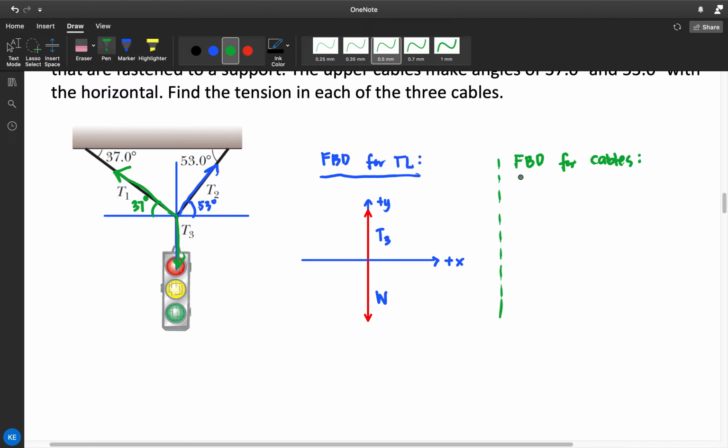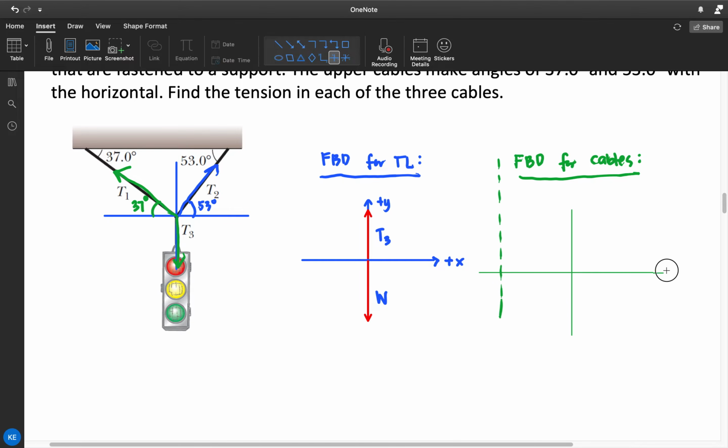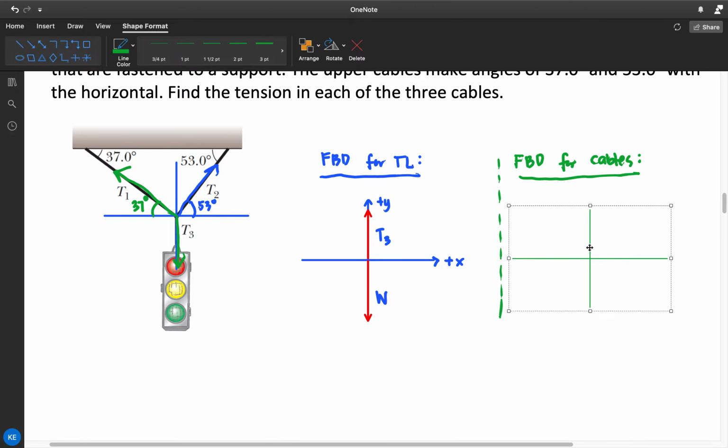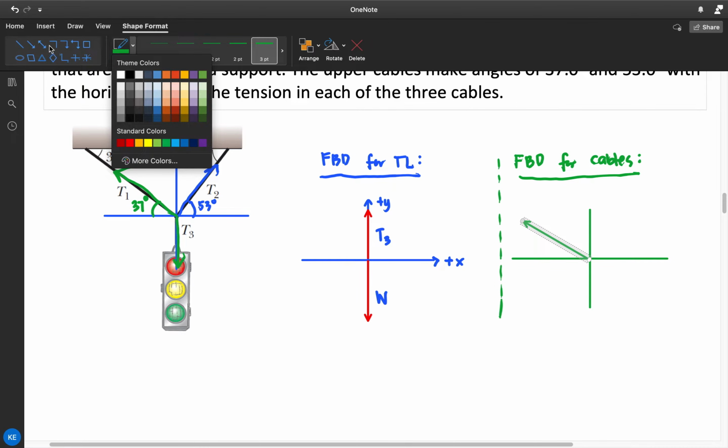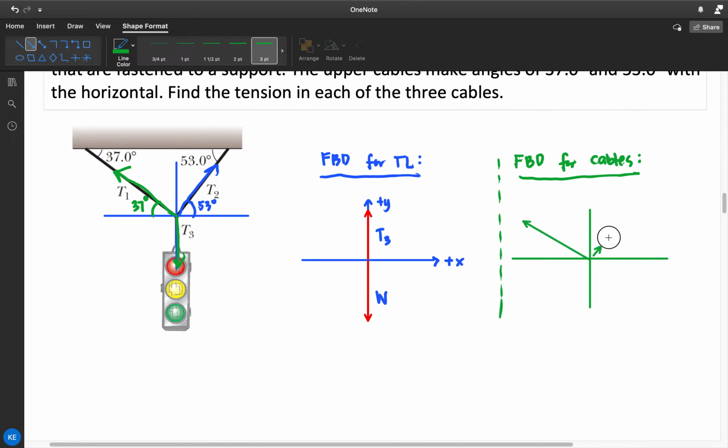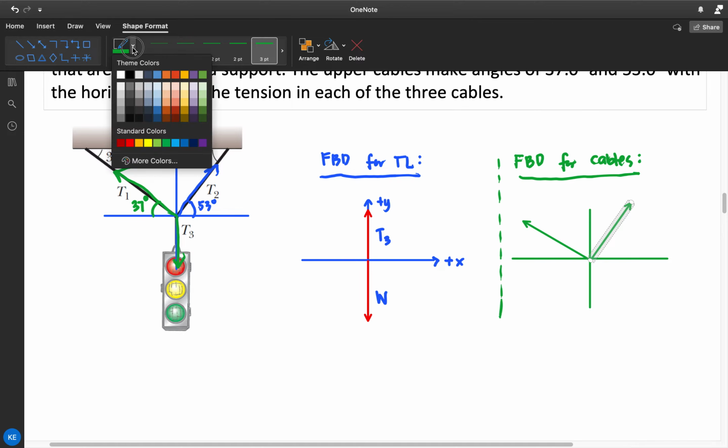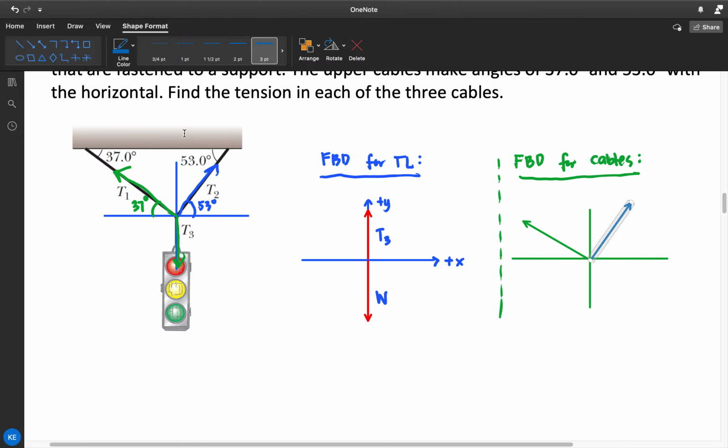Here you have T1, which is in the second quadrant. Next is your T2, in the first quadrant. And lastly, your T3, which is simply along the negative y-axis.